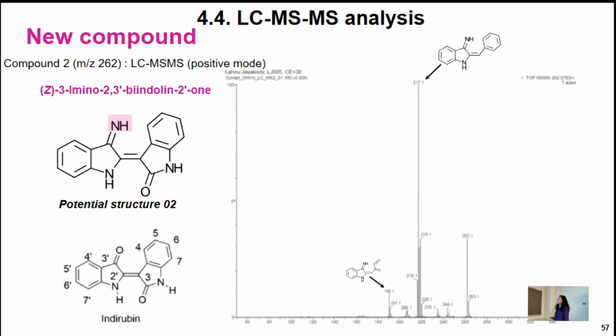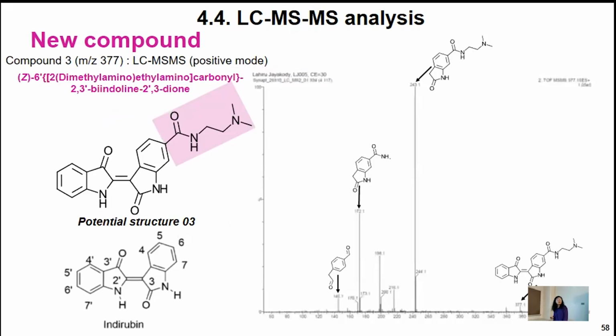The second is the fragmentation pattern for the second molecular ion, which had the mass by charge ratio of 262. Based on this pattern, this is the potential structure predicted. NH is the functional group being substituted at 3' when compared to indirubin.